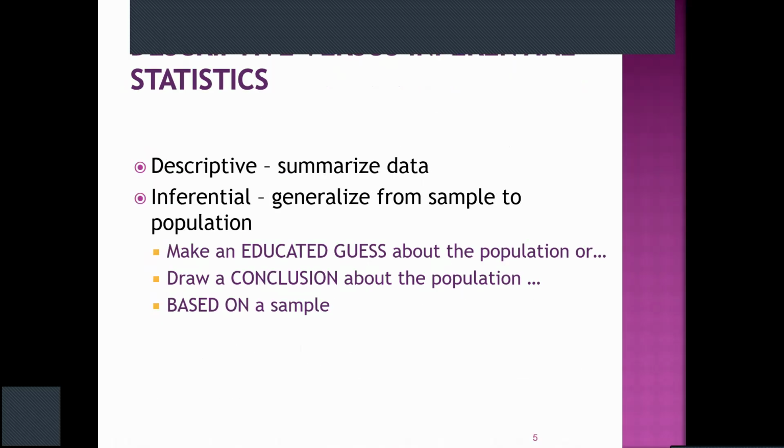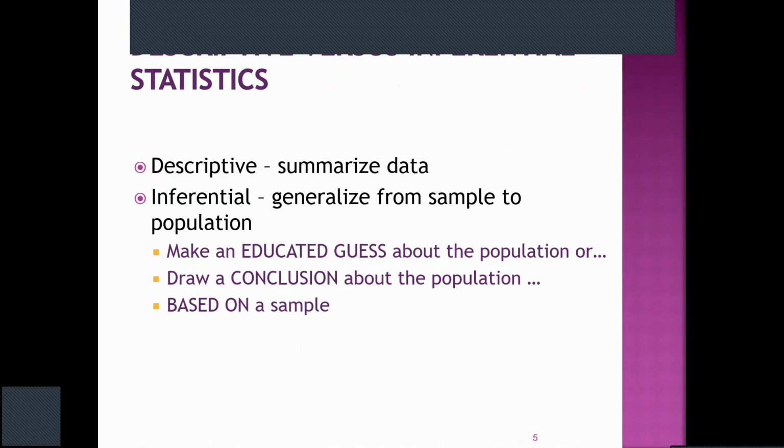Then we want to distinguish between descriptive and inferential statistics. Descriptive statistics is our starting point. It's where we summarize our data, and we're going to learn a lot about that in Chapter 2, both visual summaries and statistical summaries. Inferential statistics are when we generalize from our sample to the population.